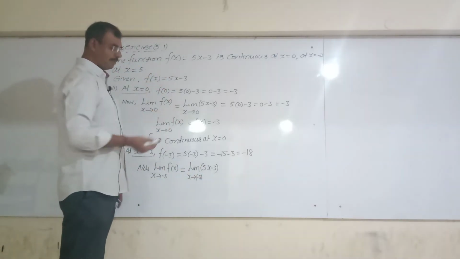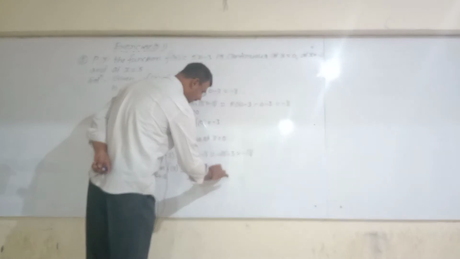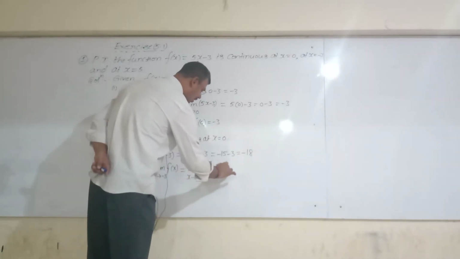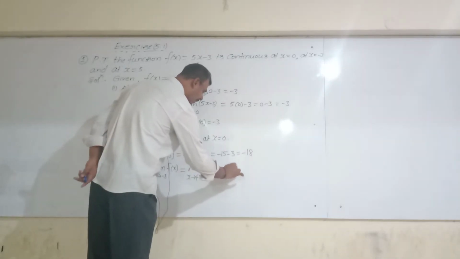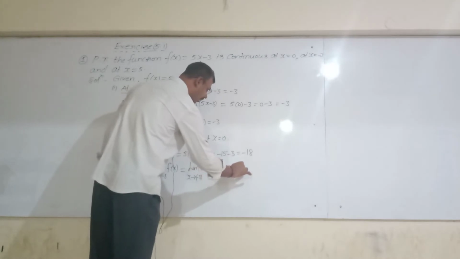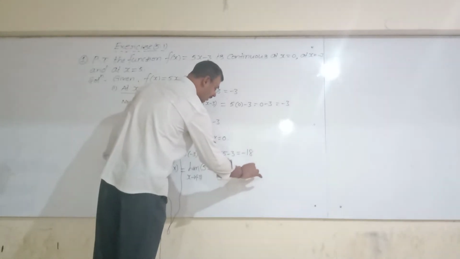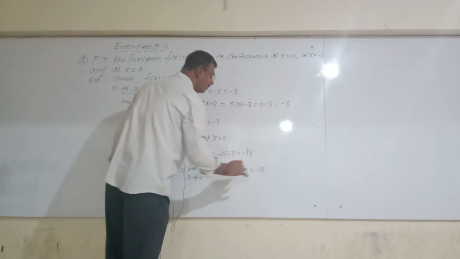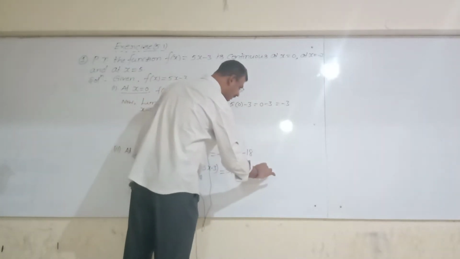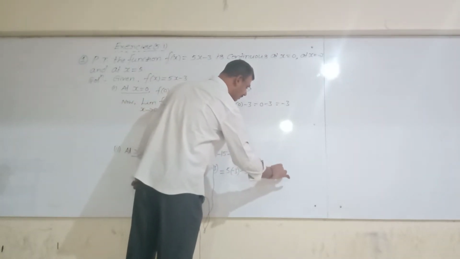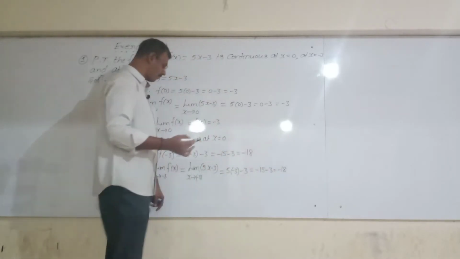Now you apply the limit. This is equal to 5 into -3 minus 3. This will be -15 minus 3, that equals -18.